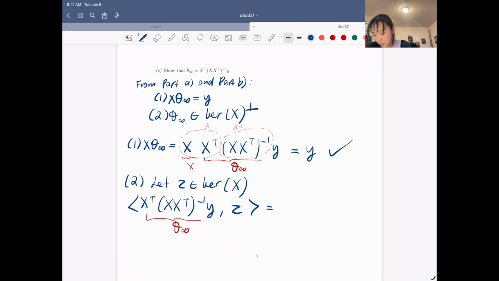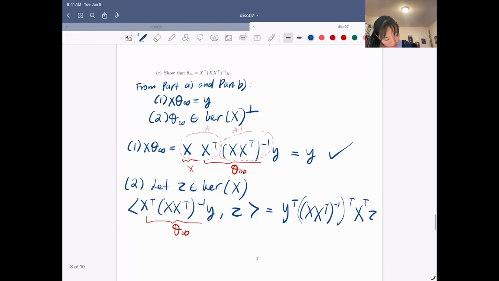And so similarly, when we take the transpose, we literally get Y transpose, X transpose inverse transpose, X transpose transpose, and then multiply by Z, right? Because it's A transpose B and this is just B. Oh, I forgot something.